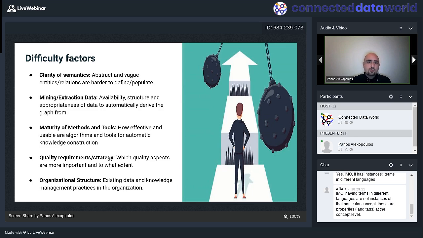Do we care more about accuracy in our knowledge graph? Do we care more about coverage and recall? And finally, when the knowledge graph is built within an organizational context, the structure of the organization, the management practices, or the engineering practices can really affect the way the knowledge graph is developed.